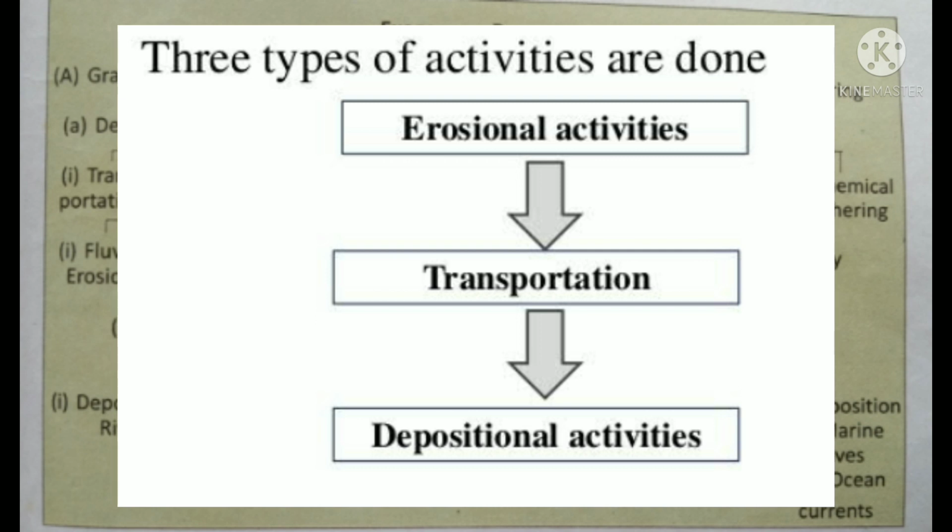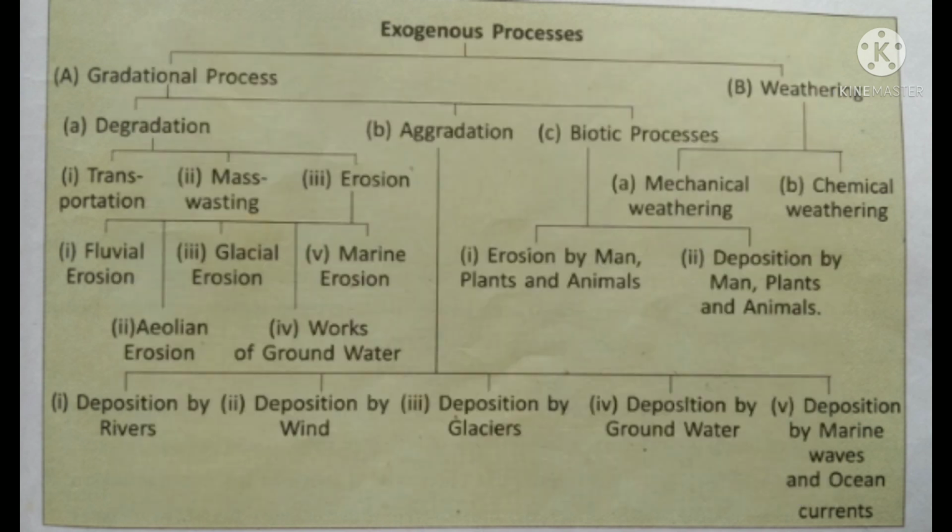Marine erosion is basically active in the coastal region. So these are all different types of erosional processes noticed in different parts of the world. If you think about any beach or coastal region, you see waves always coming. Waves are active there, so erosion occurs in that region.